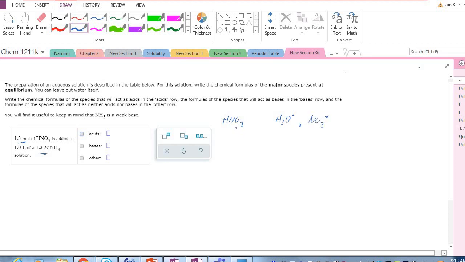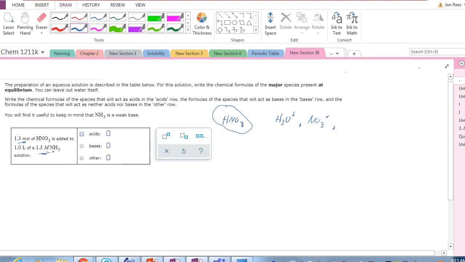It's important to remember that NO3- you might think is a conjugate base of this acid, but when you have a strong acid, its conjugate base really doesn't have any acid or base properties at all, because this is a completely strong acid.